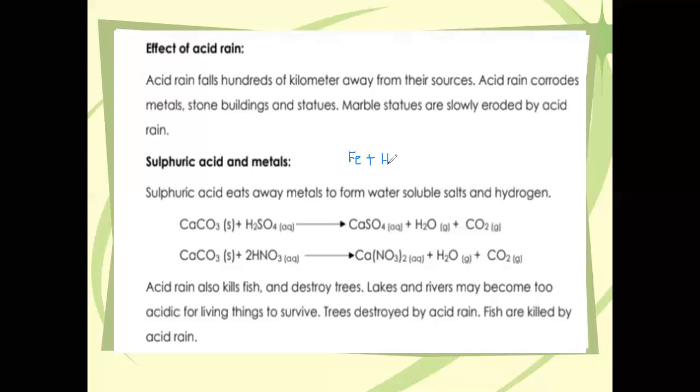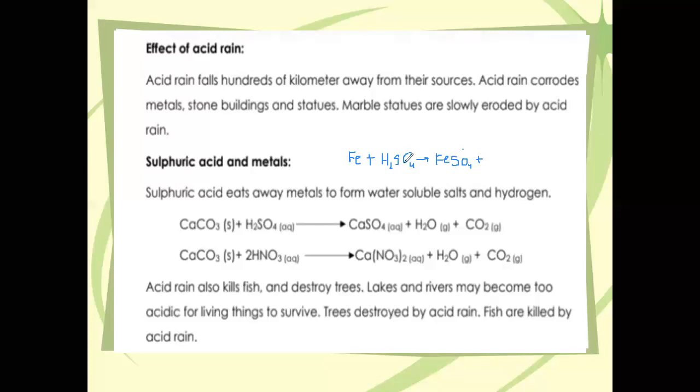So when this iron reacts with sulfuric acid or nitric acid, it is converted into iron sulfate, FeSO4, iron sulfate, and what is left?